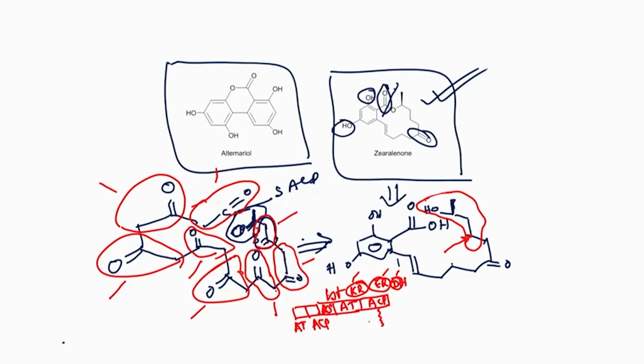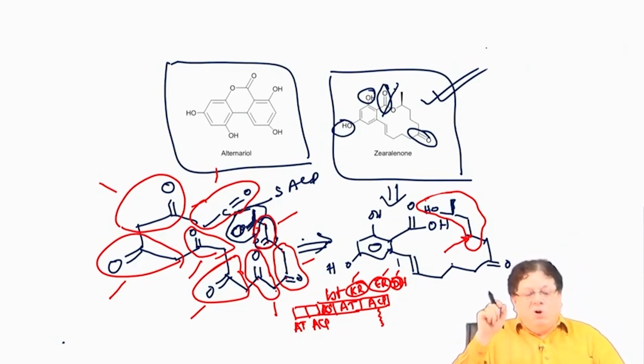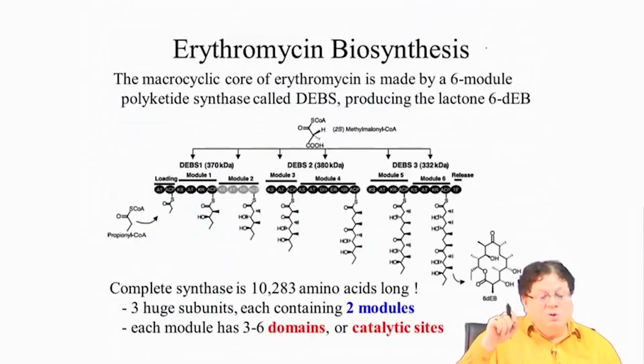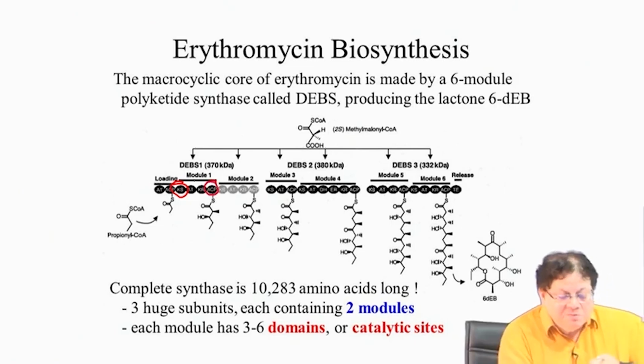So, now the ACP will transfer that whole chain into the second module, and each module, if you look at the modules of erythromycin, I can show you each module, I do not know whether it is visible, but let us see, each module starts with a keto synthase and ends up with the ACP.